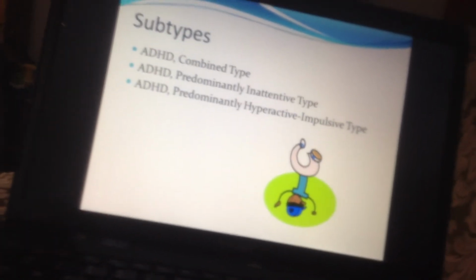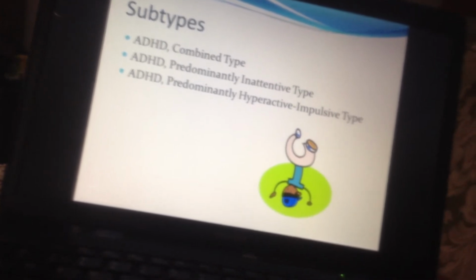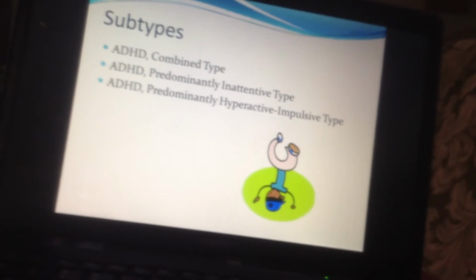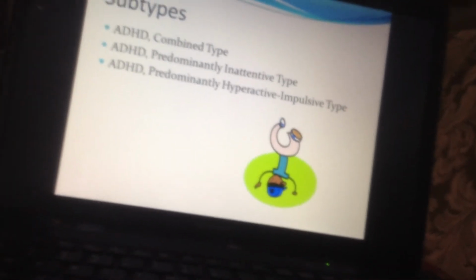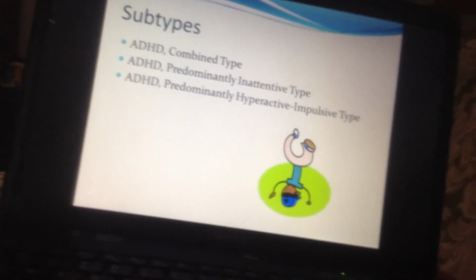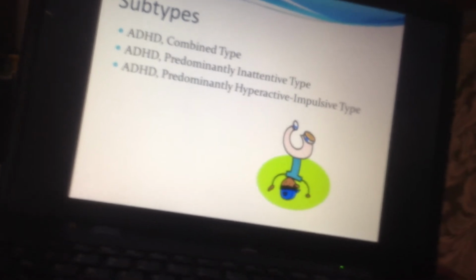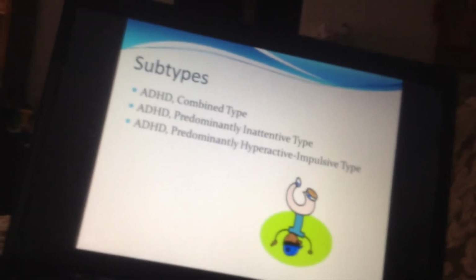With the combined type, you would see that they have problems with both inattentiveness and with hyperactivity. With the others, it is pretty obvious. With predominantly inattentive type, you would see that these kids have problems with attention span, and with the predominantly hyperactive, these kids are the ones that are very hyperactive. So that is very self-explanatory.